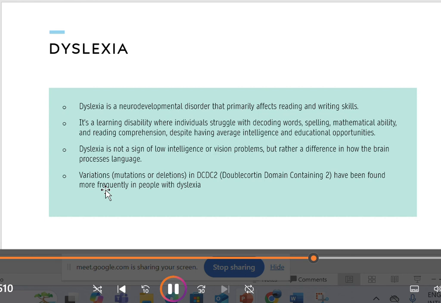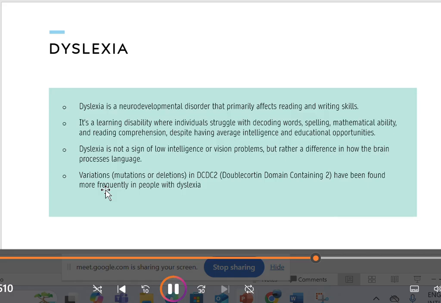Dyslexia is not a sign of low intelligence or vision problem. It is just a difference in how the brain processes language, and not a sign that the child is a fool or has low intelligence.